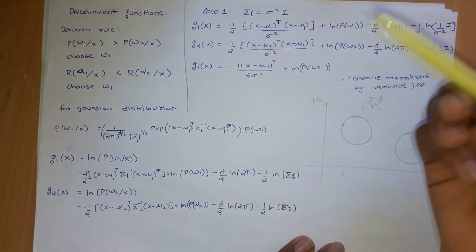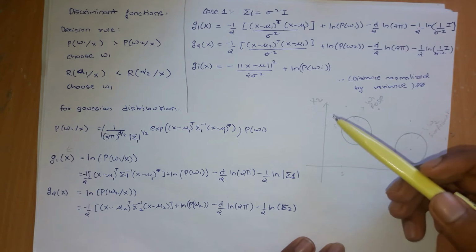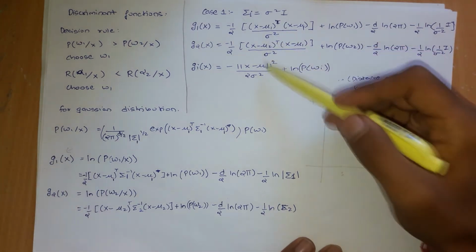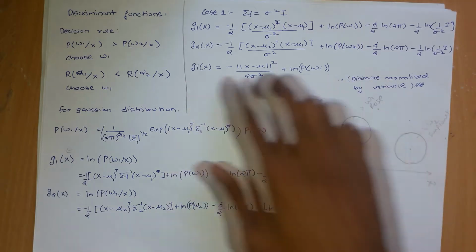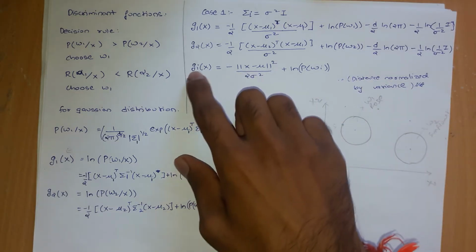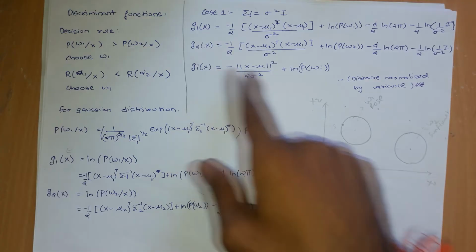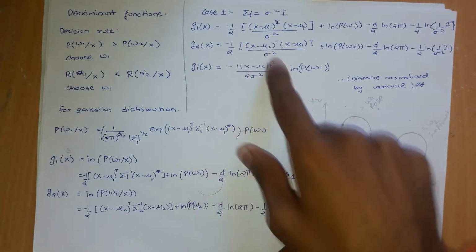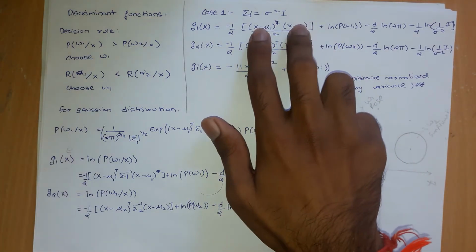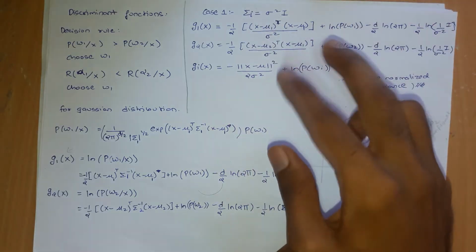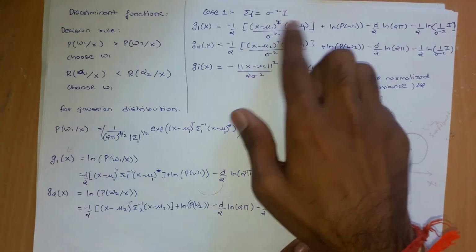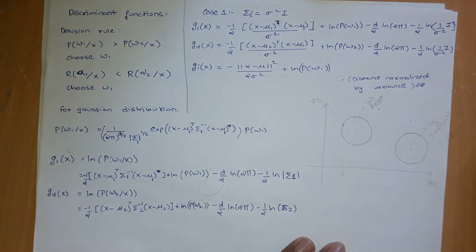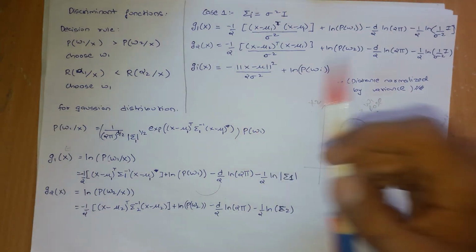So that I does not make any difference because I is just identity. So I have not written it, and this is what happens. So by this you can see that now gi of x, any g1 of x or g2 of x, gets this form. Because this gives you nothing but the Euclidean distance, or what we call the norm of a vector. So this is just distance normalized by variance.